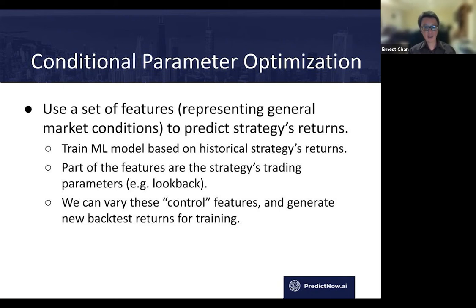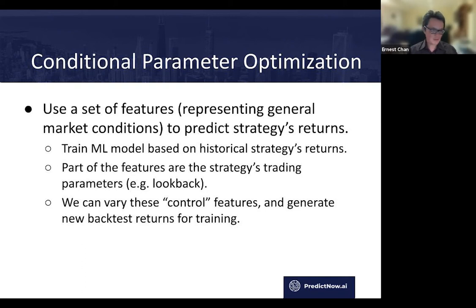What's the expected return? Now, you might say, well, how can the machine learning model know what the strategy will produce with a 10-day look back period versus with a 5-day look back period? How could it possibly model that? Well, you can create the backtest data for it to learn, right?